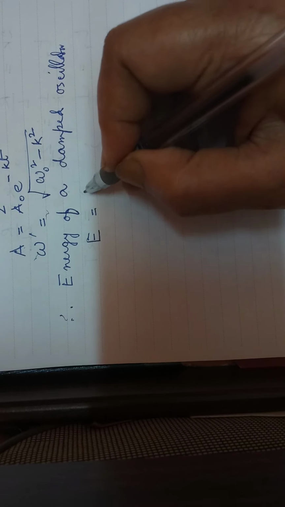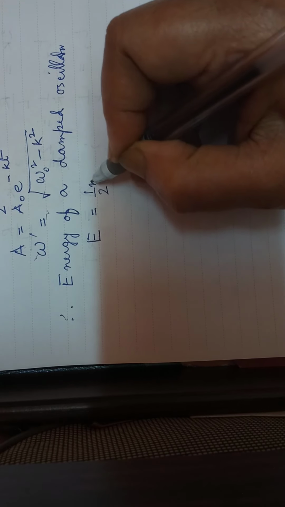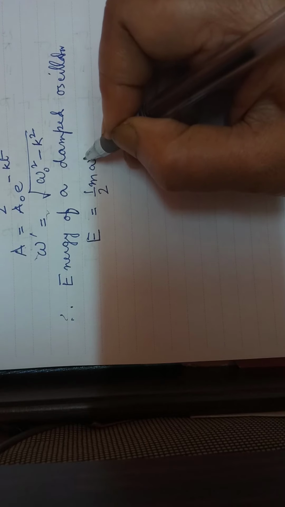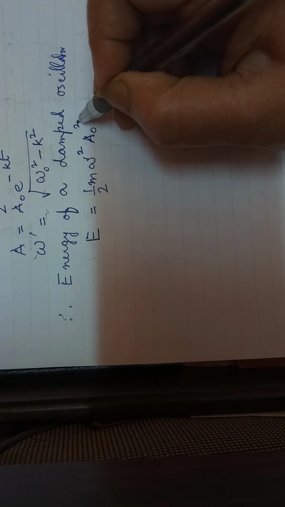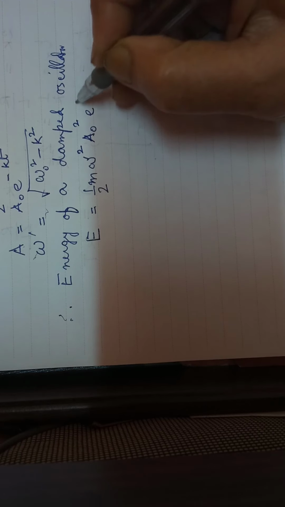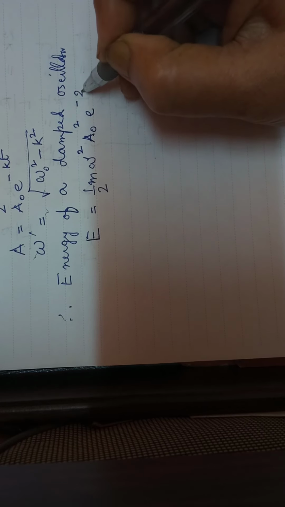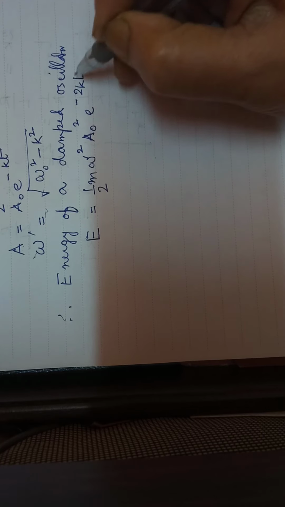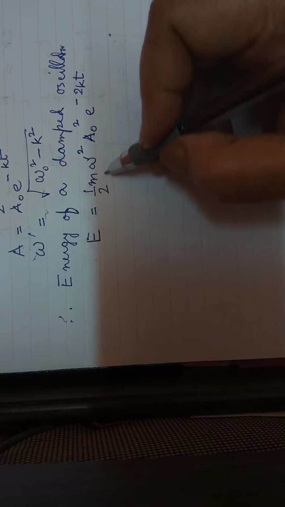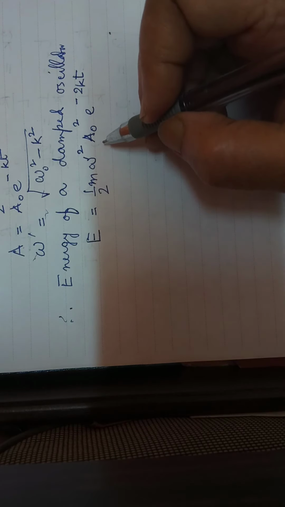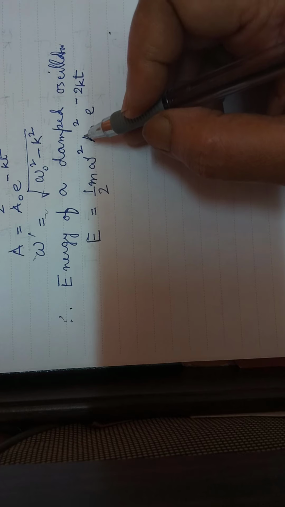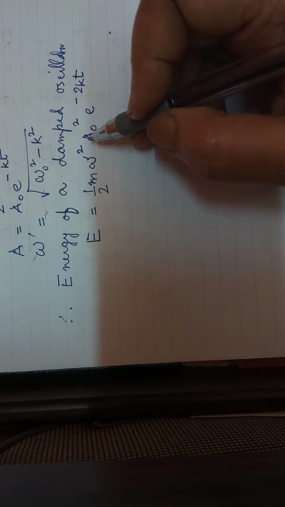Obviously, it will be equal to half of m omega prime square A0 square e to the power minus 2kt, isn't it? So if you just take m omega 0 A0 square, then what can you say over here?